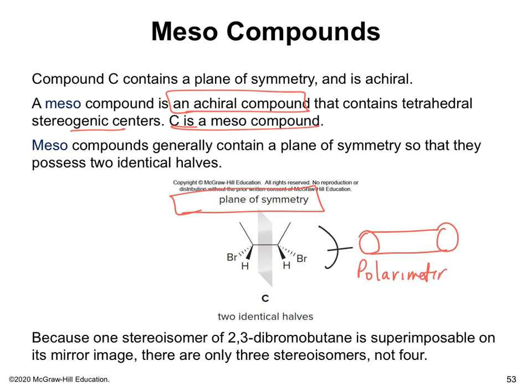Light gets shined through and you get one wavelength, and it'll rotate the light. When you hit a chiral molecule, it will rotate light either right or left. Right is considered D, left is considered L.